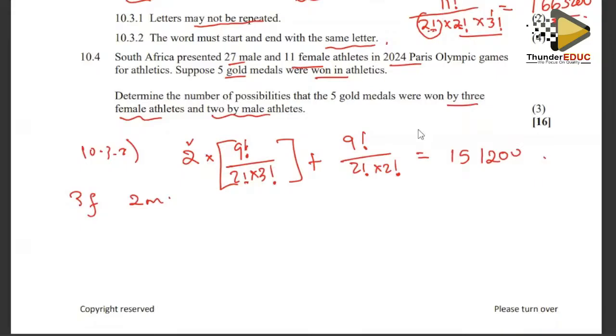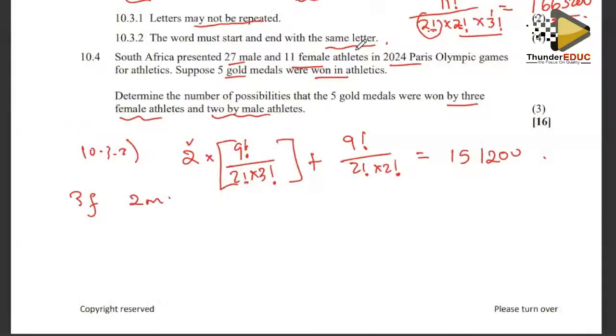Okay, so what we're saying is that if we have 5 people, we're going to start with the 3 females. Out of the 11, first position is gone.